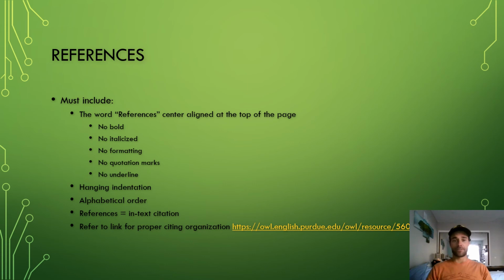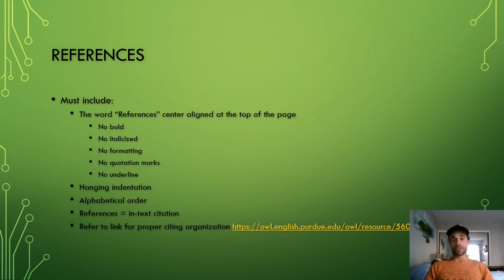All the different types of ways in which we can reference can be found in that link. And we want to make sure that we are organizing these references by alphabetical order. With these references, it is typically going to be last name first, followed by first initial. So it will be the alphabetical order of the author or first author's last name.